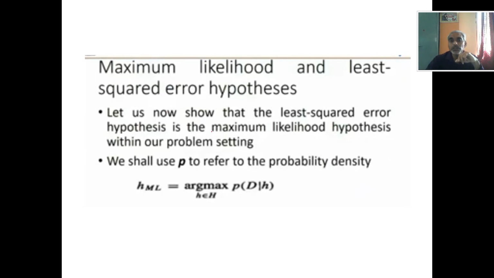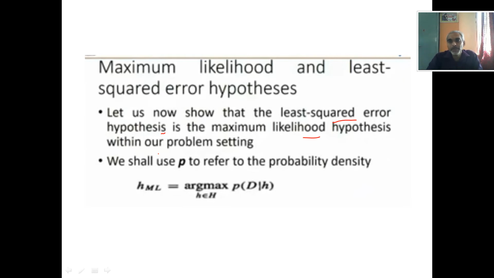Now let us show that the least squared error hypothesis is the maximum likelihood hypothesis within our problem. What we have to see is that the least squared error hypothesis is the maximum likelihood hypothesis.